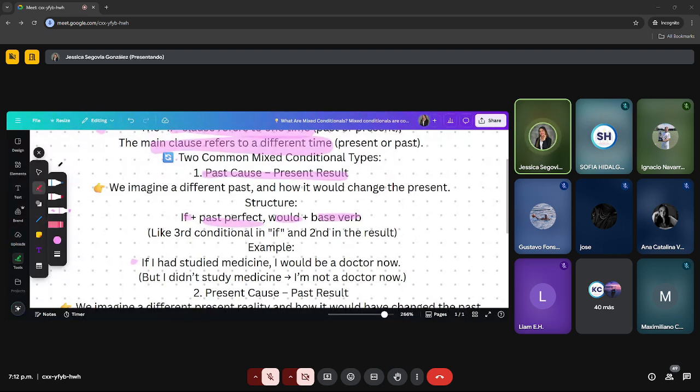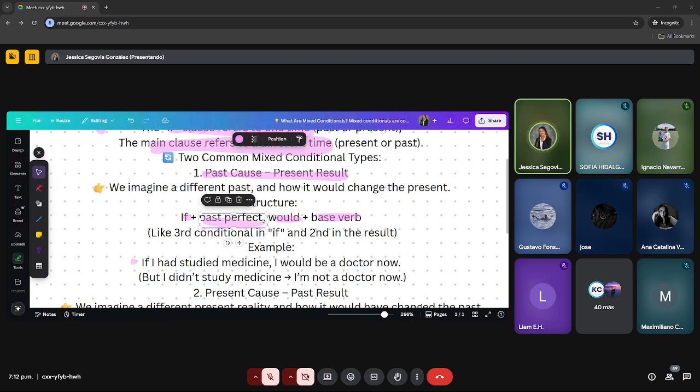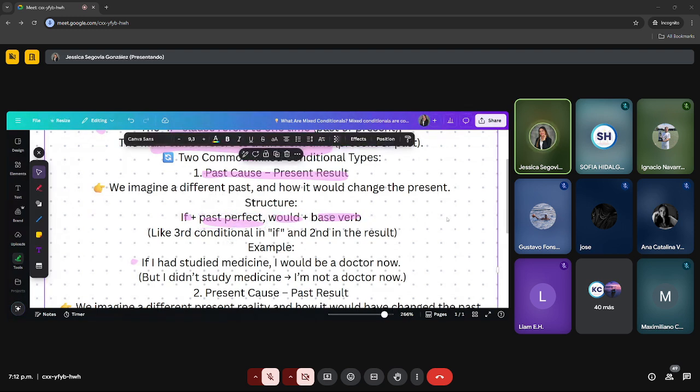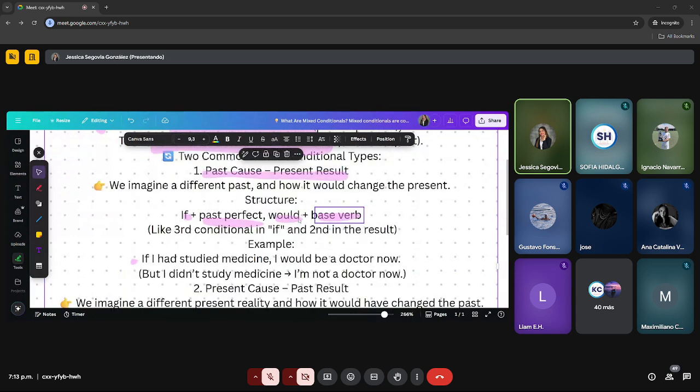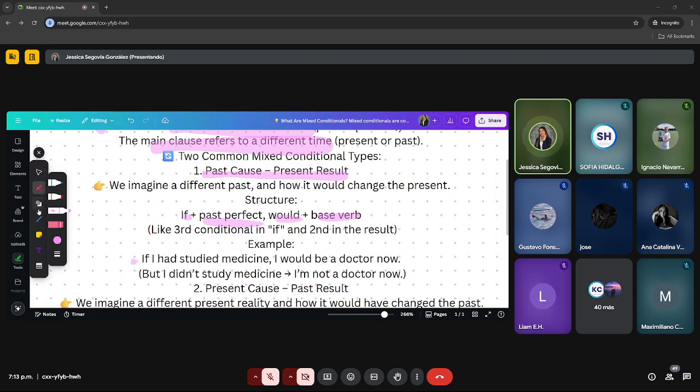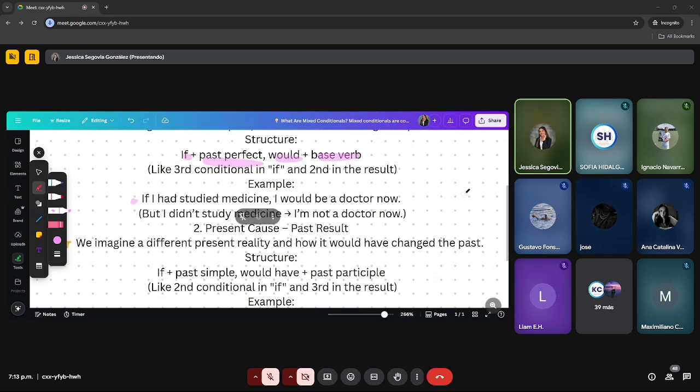I will write it down here. The past perfect always has a had, okay? It is necessary for past perfect, not because of the mixed conditional, but because its main characteristic is the word had.